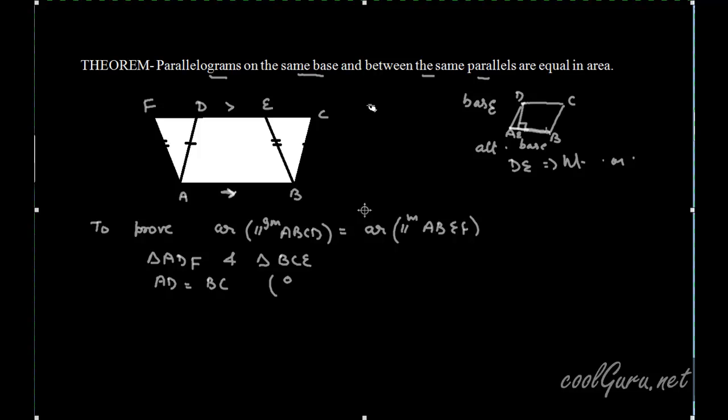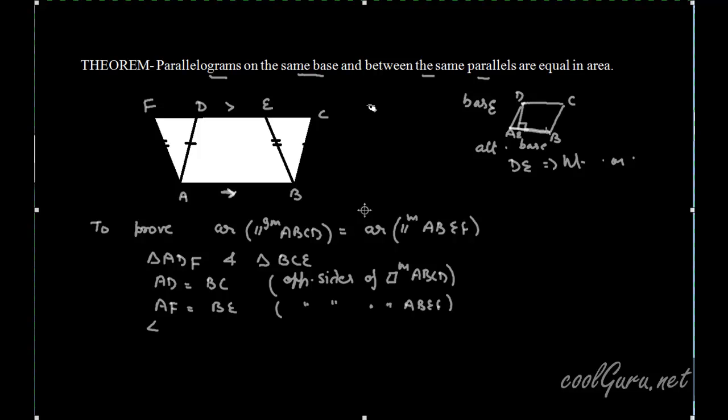Because these are opposite sides of parallelogram ABCD, and we know that in a parallelogram opposite sides are equal. Similarly, AF is equal to BE, same reason. These are opposite sides of parallelogram ABEF, so they are equal.